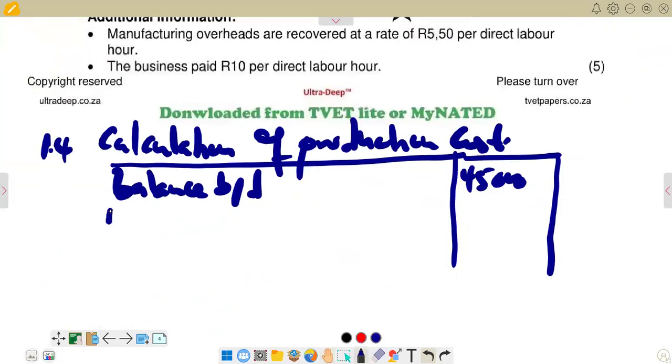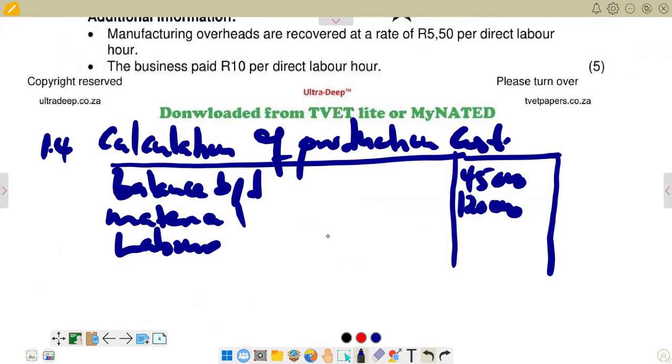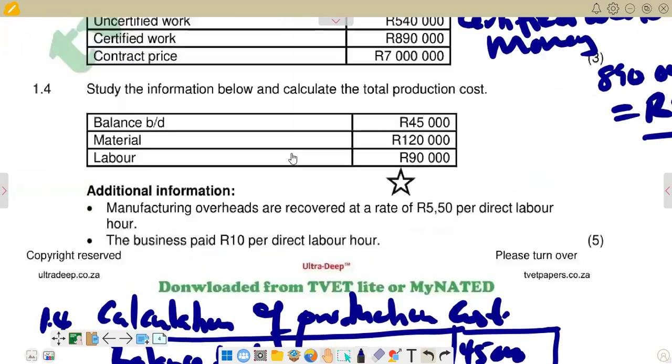So we're saying material, 120,000. And then we've got our labor, which is 90,000. So this is what we have.